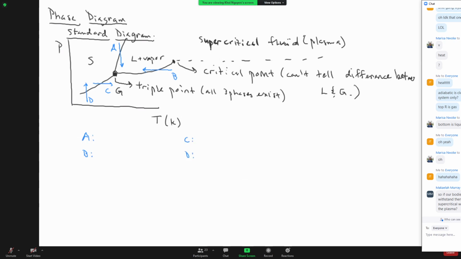So A is going from a solid to a liquid, at constant temperature. That's right. Solid to liquid is melting. What type of melting is it? Be more specific.